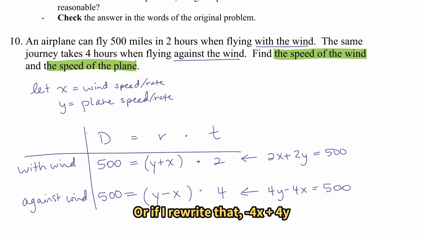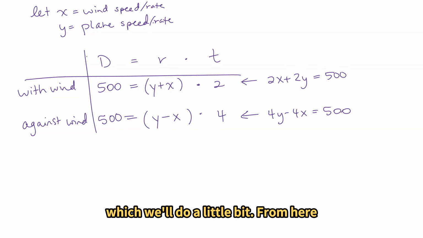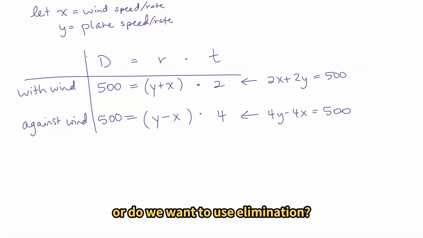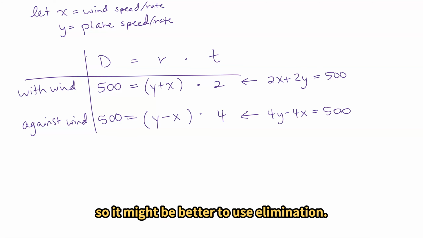Or if I rewrite that, negative 4x plus 4y. From here, we can decide, do we want to use substitution or do we want to use elimination? I'm not choosing to use graphing because I have this 500 there. That's a really big number. I could use substitution, but all of my variables have coefficients that are not 1. So it might be better to use elimination.